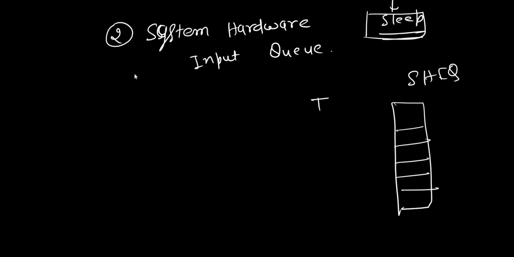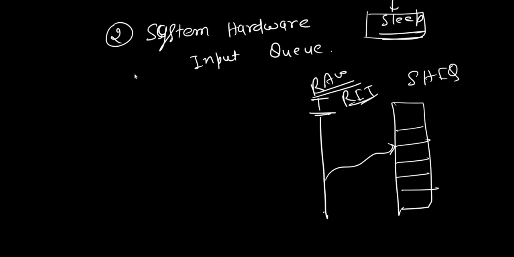And apart from this, there is the thread which we have already discussed, the raw input thread, RIT. RIT keeps waiting for an entry to appear in this queue. This is sleeping right now, and it will keep sleeping until one entry appears here in the system hardware input queue.